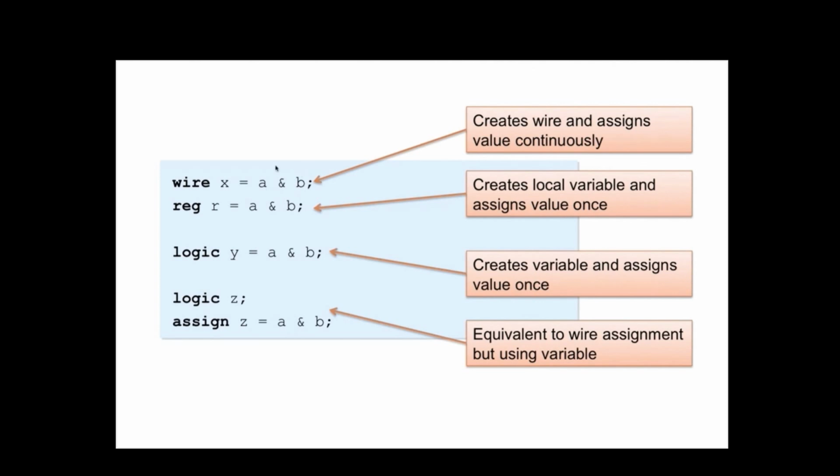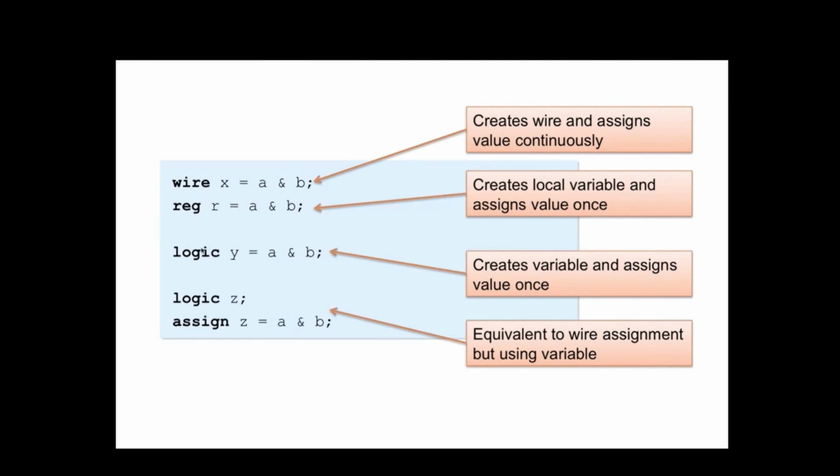So if A changes or B changes, the value of X is updated continuously. As opposed to the reg, where the value of A and B would only be assigned at the initialization time. After that, it would be whatever the next assignment was.